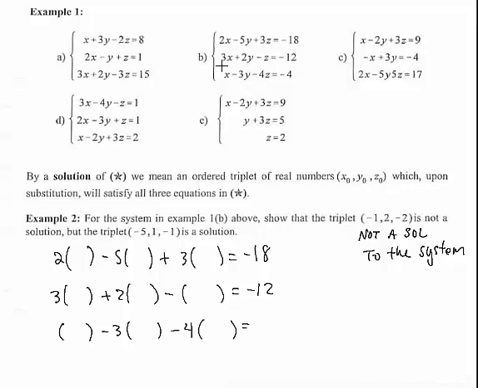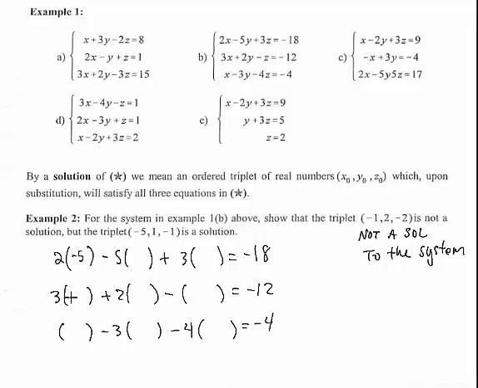So I'm just copying down this system, example 1b, and I'm leaving blanks, parentheses for my x, y, and z. And here is our supposed solution. It says it is the solution, but we're going to double check it.